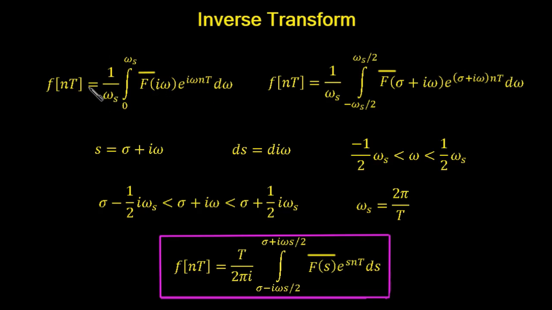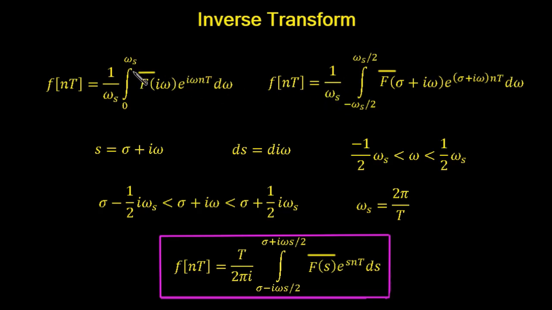Now here's an example. Whenever we take a function and we sample it in one domain, so we sampled this in the time domain, you can see that in the frequency domain it becomes periodic, and a little bar across the top is telling us that this is a periodic function. So we can rewrite this as f of nT is 1 upon omega s.